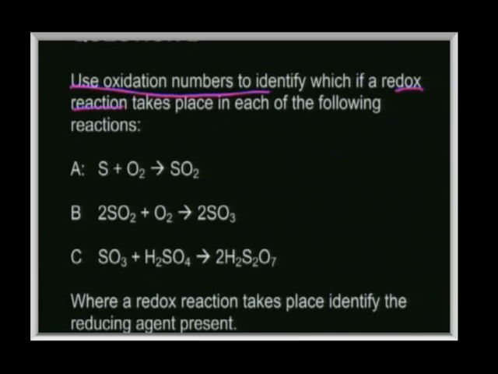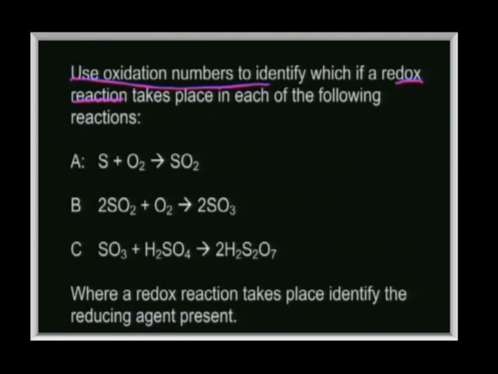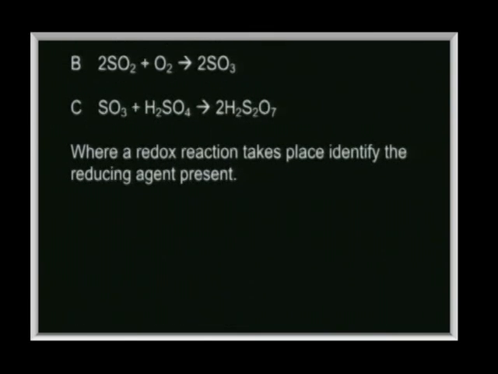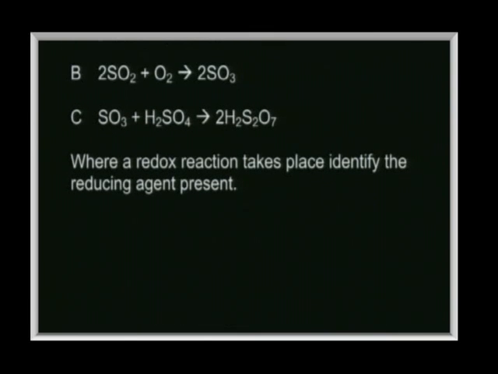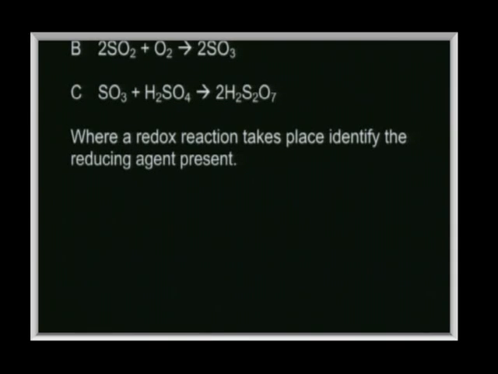If you look over here, you will see that they give us 3 reactions. Each of these reactions deals with sulfur and oxygen, and in the last one there's a hydrogen involved as well. The best thing to do is to create space and rewrite these so that we can see which ones are oxidation reactions.